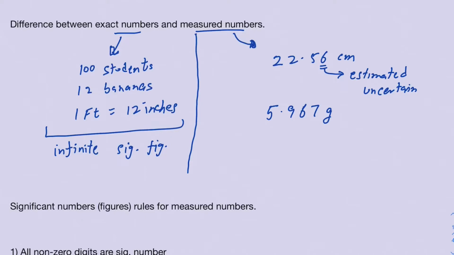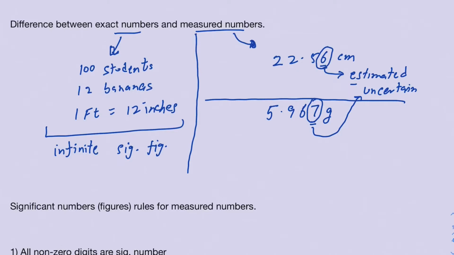If you have a digital balance and it reads the mass as 5.967, you're not using a tool to measure the mass, the balance reads it for you. Even in a digital balance, the very last number you see is considered to be estimated. In this case it's the 7, and in the case of the length, the 6 is your estimated digit.